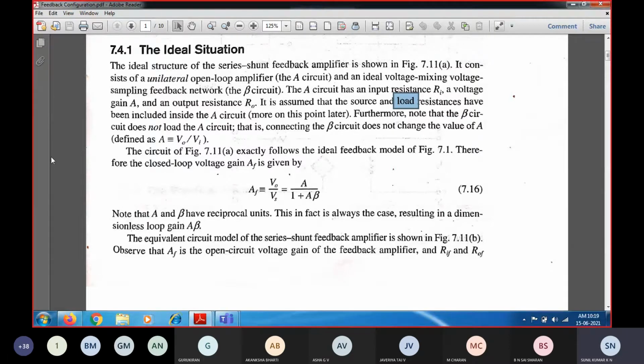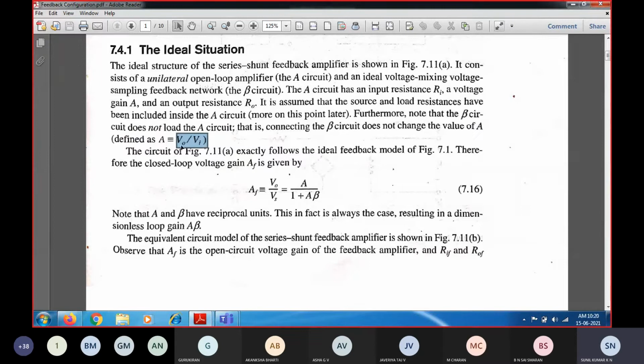Another important thing is that beta, the feedback circuit, does not load the amplifier circuit. It is not going to process anything on the output side. So the feedback network is not going to load the main amplifier circuit. Apart from the normal load across the output side and the source load across the input side, the amplifier does not have any other loads. The gain A is equal to V naught by Vi.